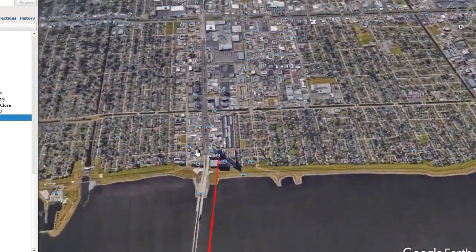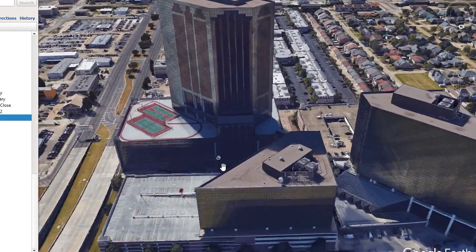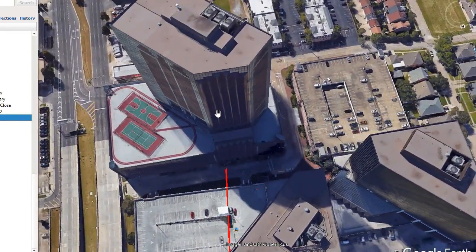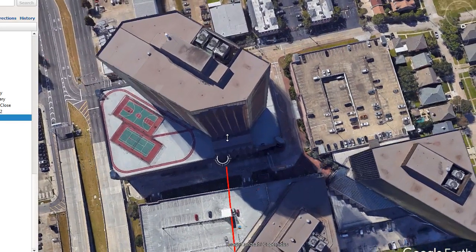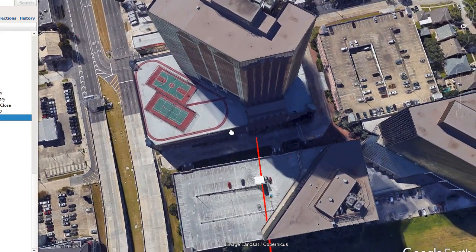If he actually comments or says, yeah, basically I had him in the center of the hotel.